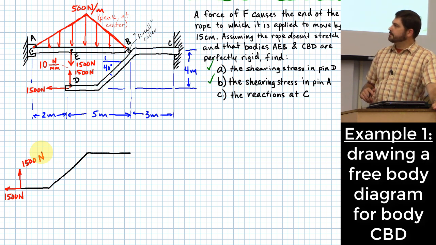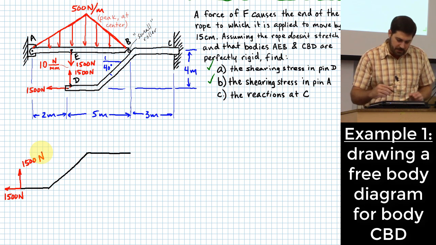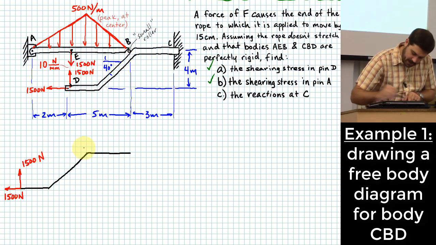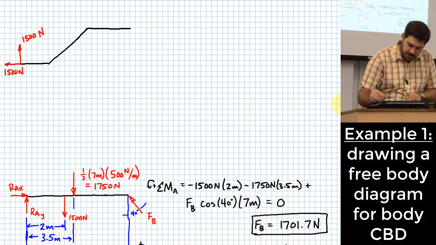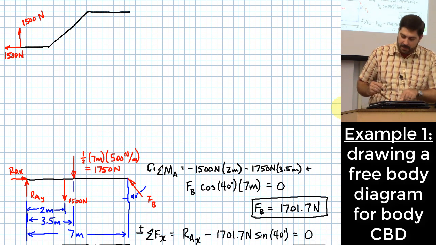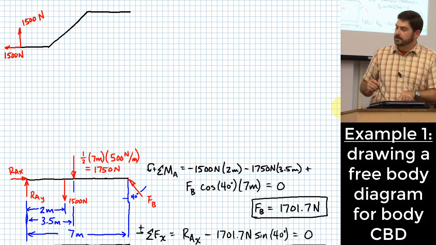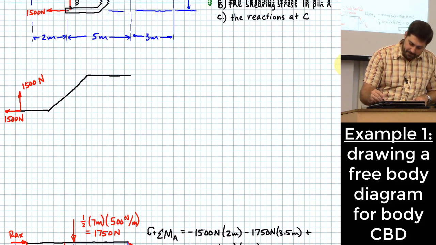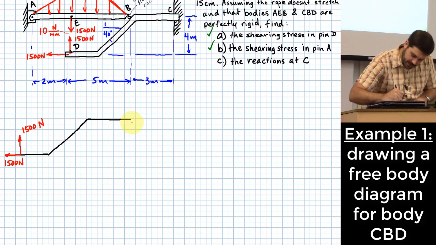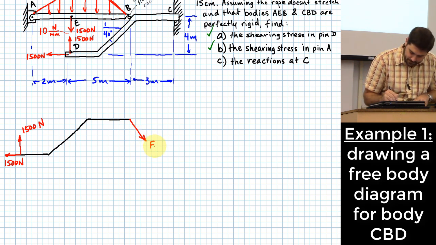What else? Okay, we have that force that we found earlier at B, and if you remember the direction that I showed that on my last free body diagram, it was up and to the left, right? What direction should I show it on this free body diagram? Down and to the right. Oop, that's not where it's applied, sorry.